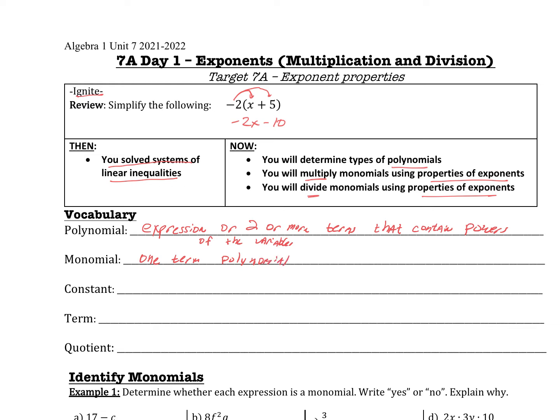A constant is a number term with no variables.